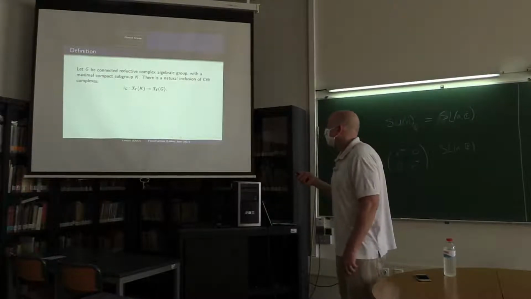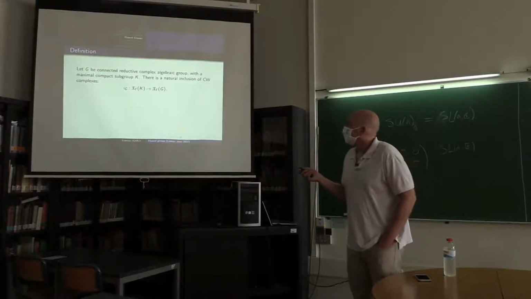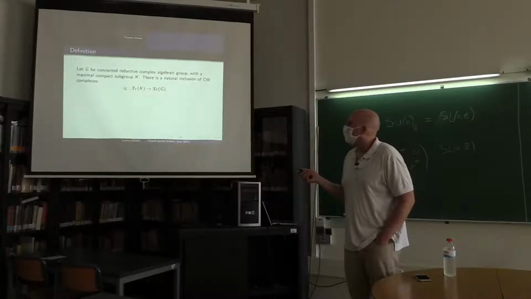But you can show, essentially it's the Weyl unitary trick, that since K is maximal compact in G, the orbit structure here is actually determined by K, and so you get a one-to-one map.